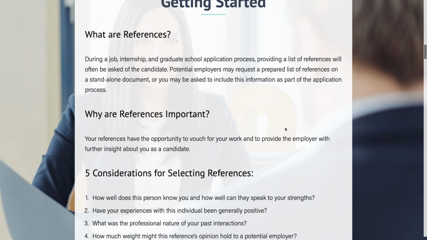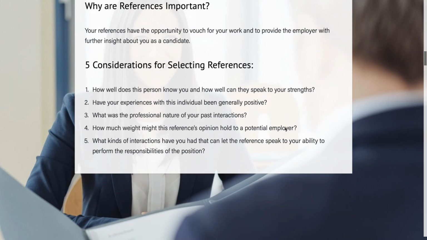So they're extremely important. When selecting references, you need to begin thinking about some of these questions. One, how well does this person know who I am and how well can they speak to my strengths? Have your experiences with this individual been generally positive?